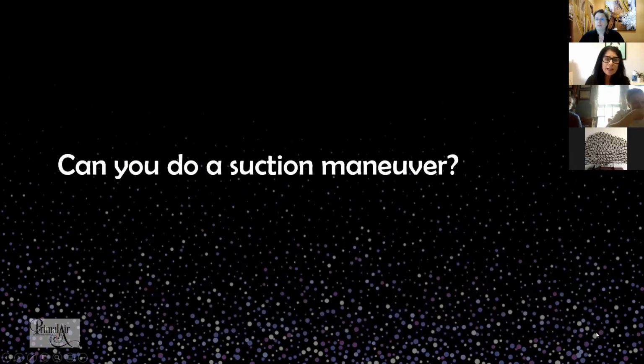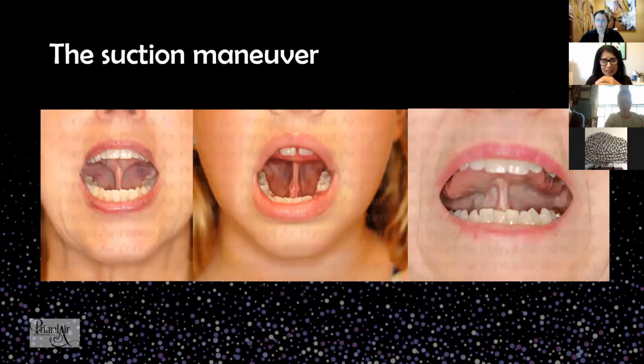So let's see if you can actually do the suction maneuver. What I like to say is I have the patient lay their whole tongue up on the palate as best they can, and then you want to make like a click sound. But before you make the sound, you suck your tongue up onto the palate. You may be able to get part of your tongue up there, or only one part of the tongue.